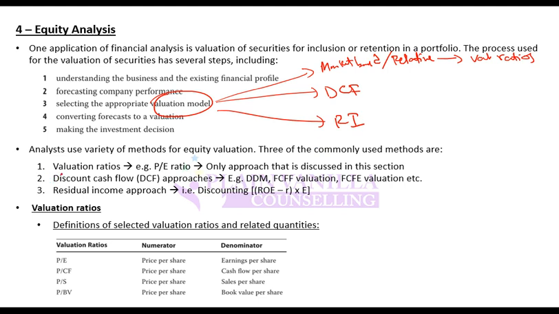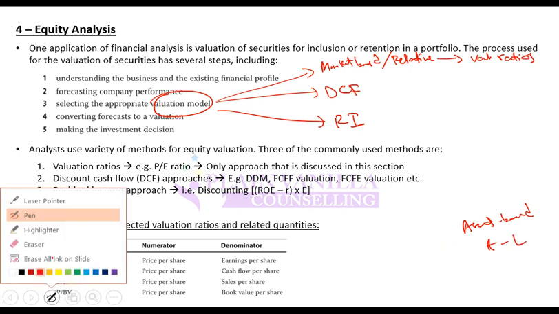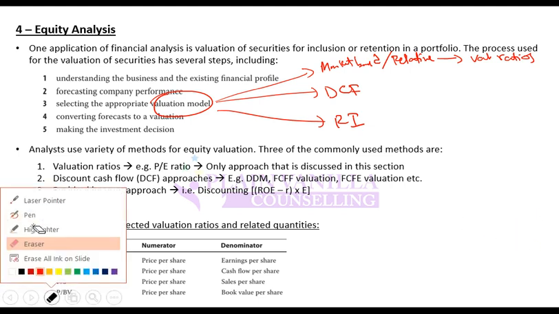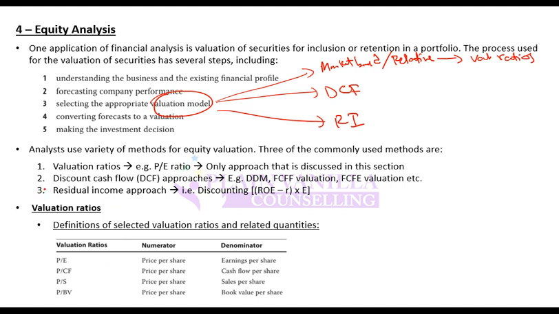They have mentioned these 3 here, but another type is actually asset based valuation, which is asset minus liabilities. But these are the 3 commonly used. Asset based valuation is not very commonly used. These will come in later in detail, but for now just to give you a perspective.